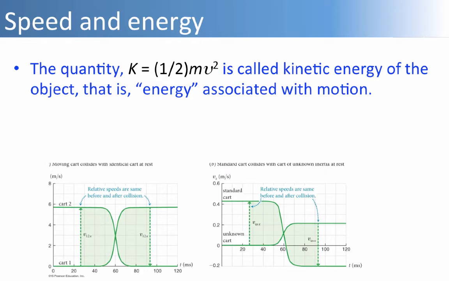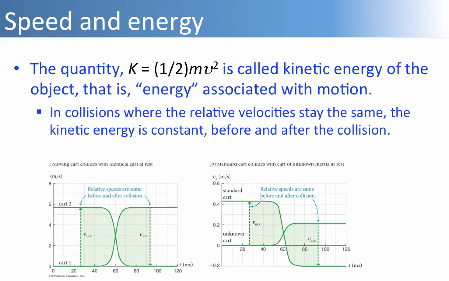What we're going to use is this quantity called kinetic energy, and that is the energy associated with motion, hence the kinetic part. Kinetic energy is defined as 1/2 mv squared, and the v is squared, so you notice that it has to do with the magnitude of the velocity, since we're going to square it.